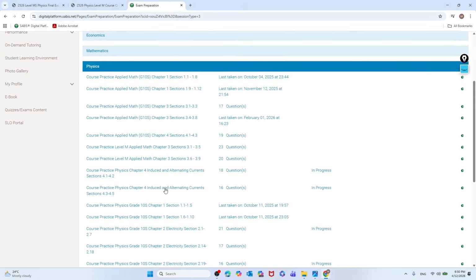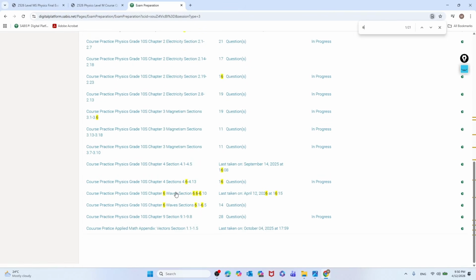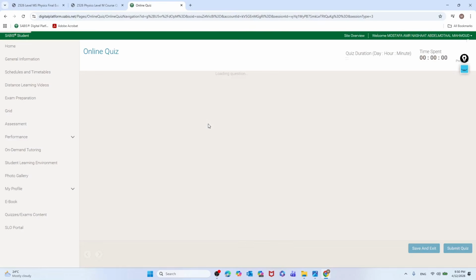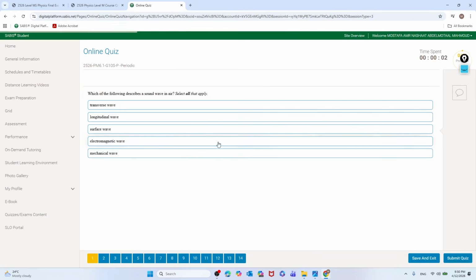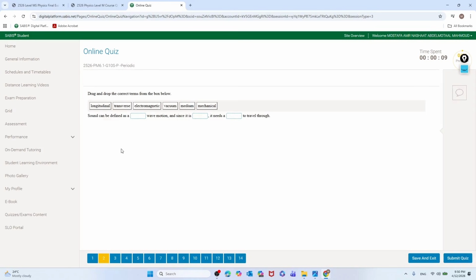So chapter 6, 6.1 to 6.5, question 2. Sound waves are longitudinal mechanical waves.